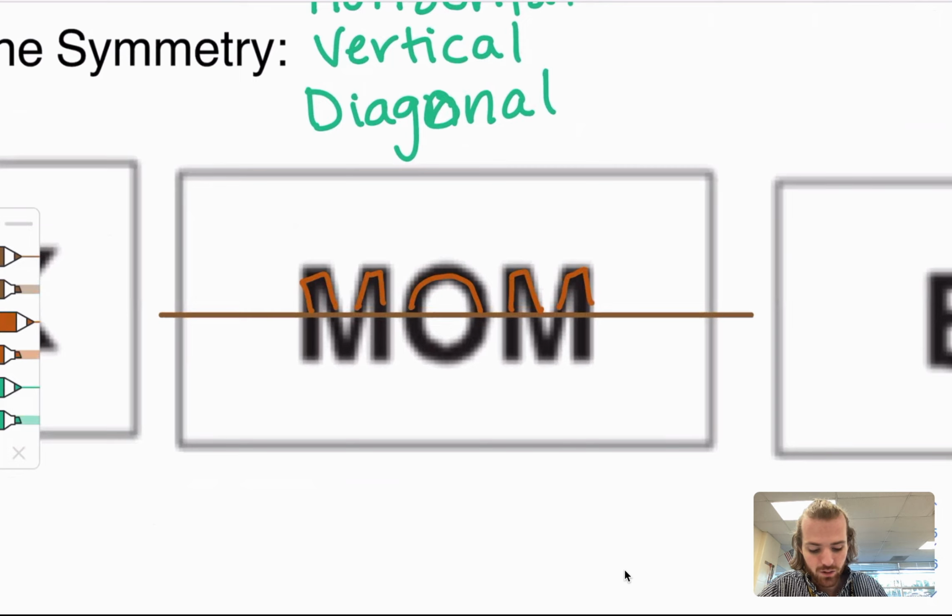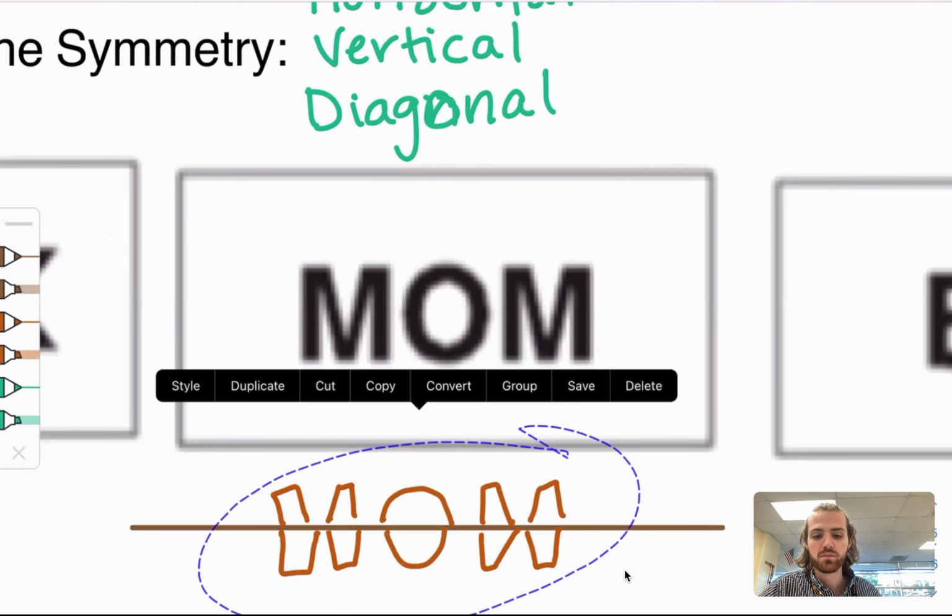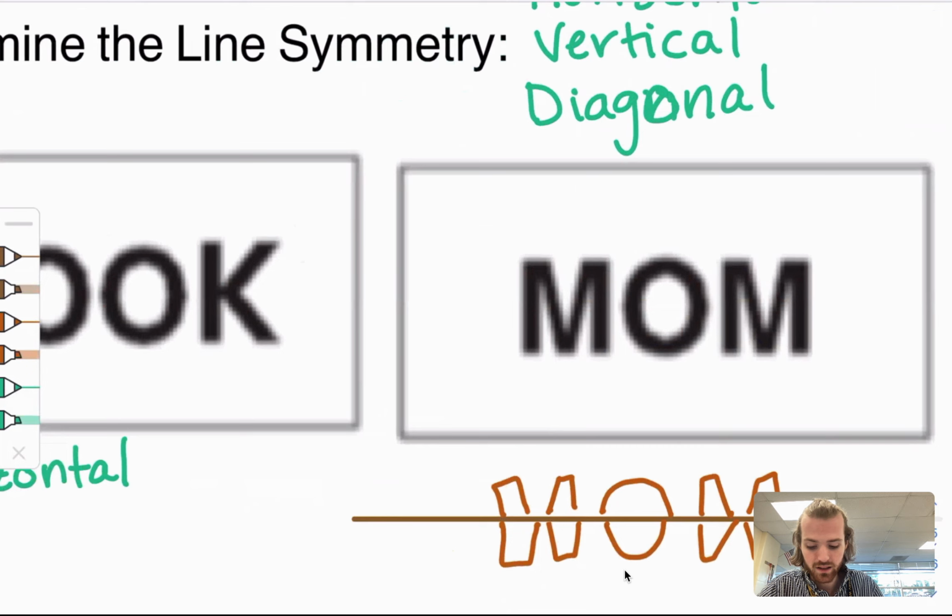Well, if I mirror that tracing, we do not get the word mom. Let me drag it. That is not the word mom, right? Actually, let me show you. Let me go back to hook to show you that again.